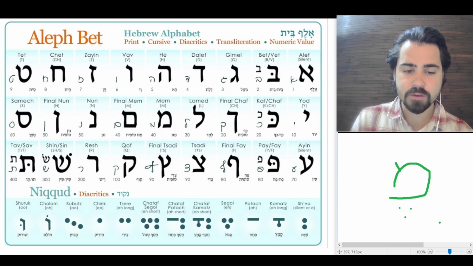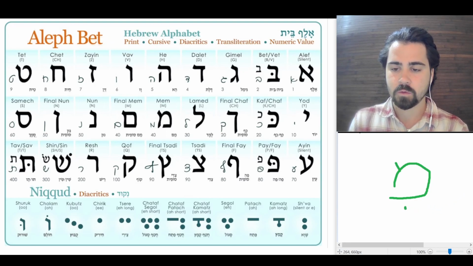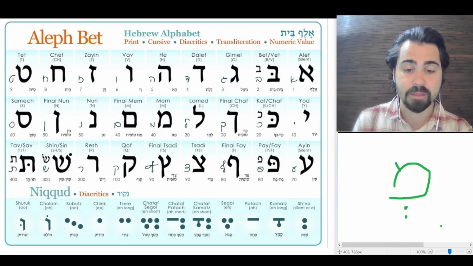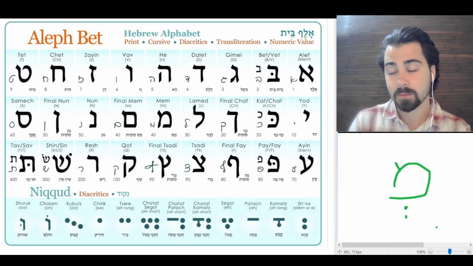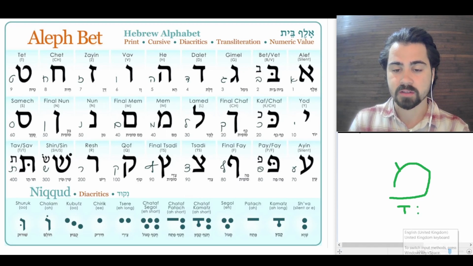Now, we have a few different variations, but I don't want you to get confused over them with kind of taking the shva, which is the two dots that usually make no sound, and pairing them with some of the nikud you already know and love. For example, this kamatz, a, with the two dots.